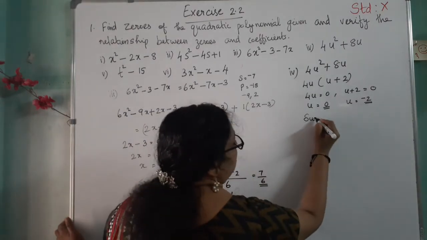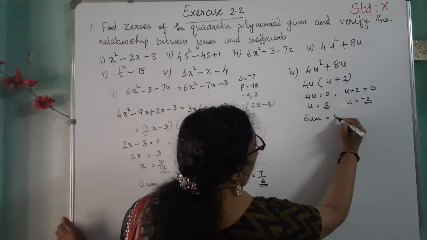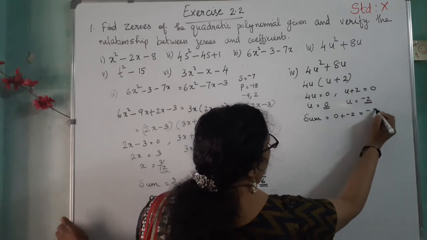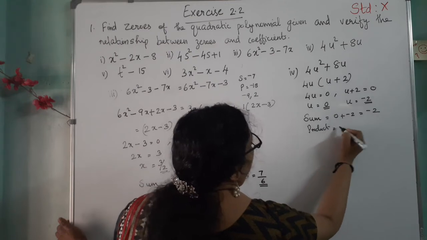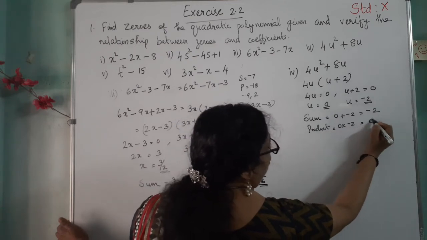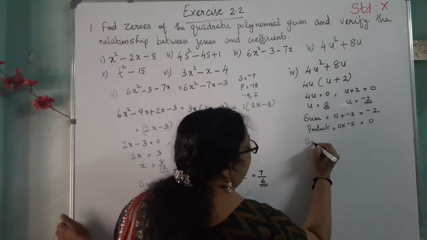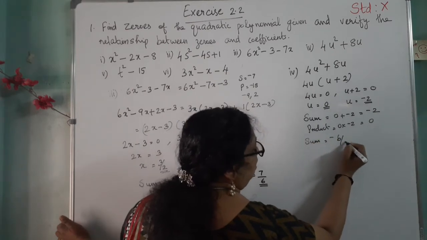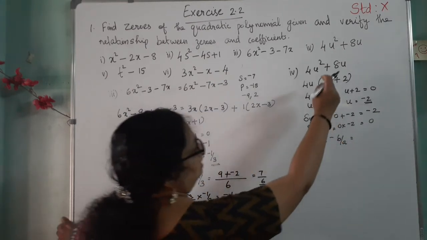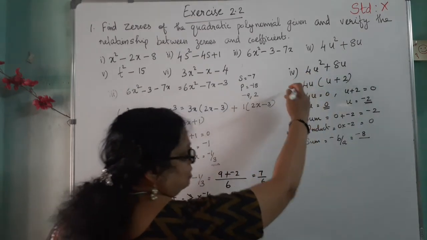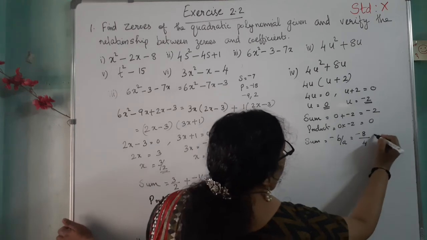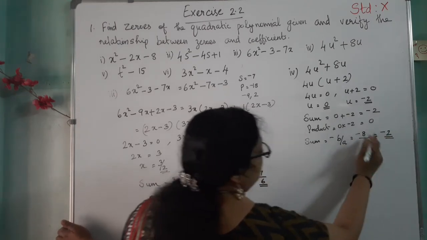So we can take sum equal to 0 plus minus 2, which is equal to minus 2. Then product equal to 0 into minus 2, which is equal to 0. Then sum, we know that minus b by a, minus coefficient of x, that is minus 8 divided by coefficient of u square, that is 4, that equal to minus 2, minus 8 by 4.